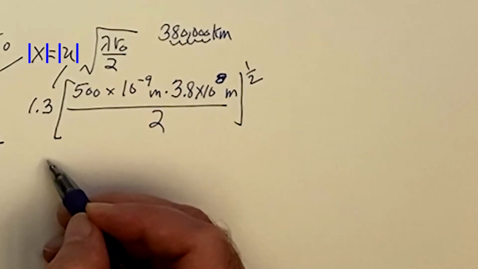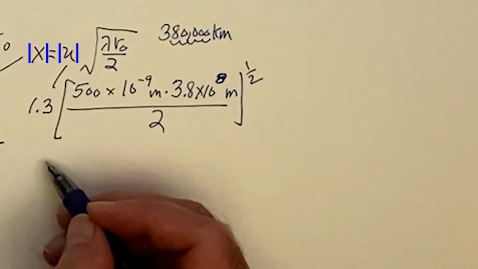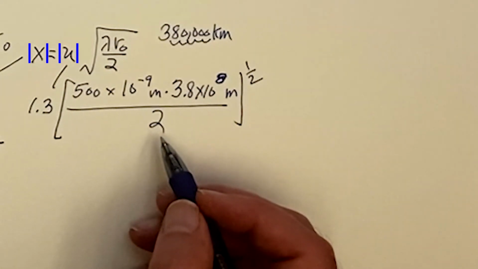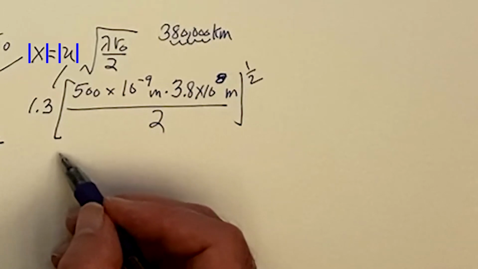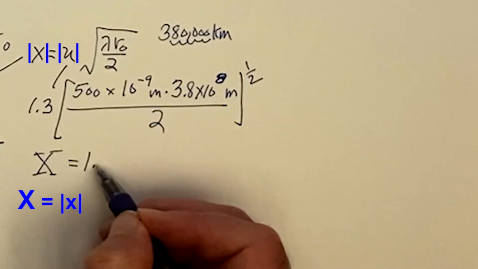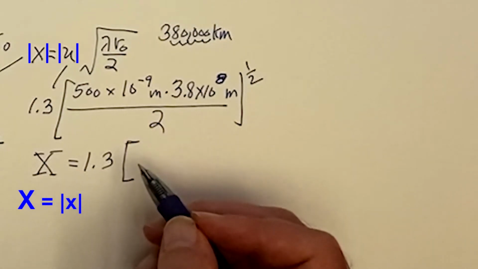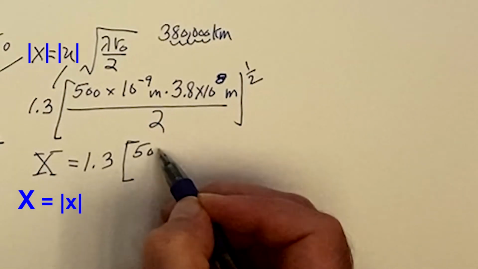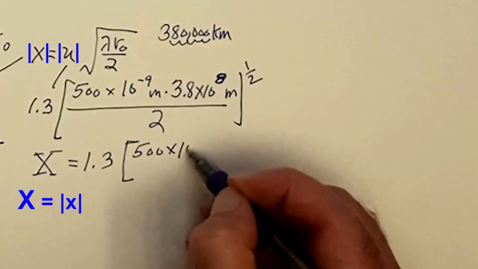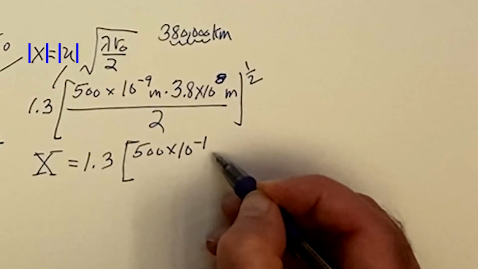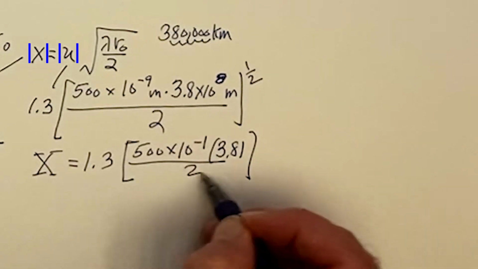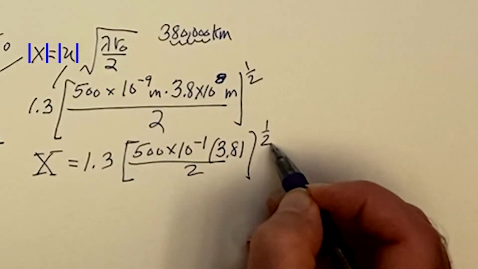So when we do this and work out the mathematics on this with the calculator, I could show you an intermediate step here. The big X or the little x is 1.3. Here is going to be 500. I like to do some work with the exponents. 10 to the minus 9th, 10 to the 8th is 10 to the minus 1. And then there's going to be a 3.8 floating around over 2, 1/2 power.